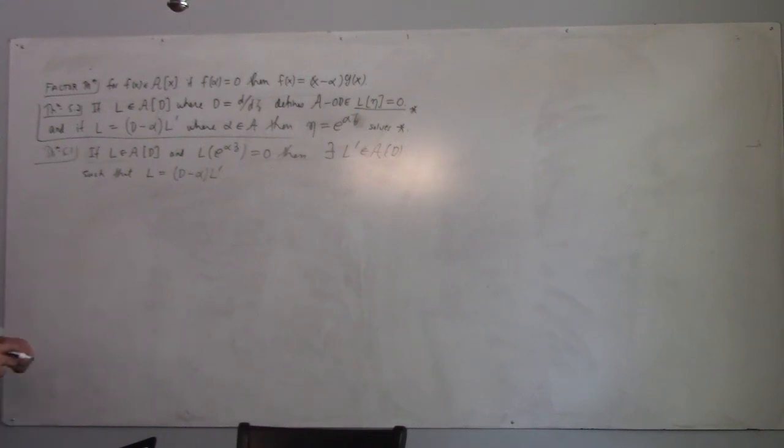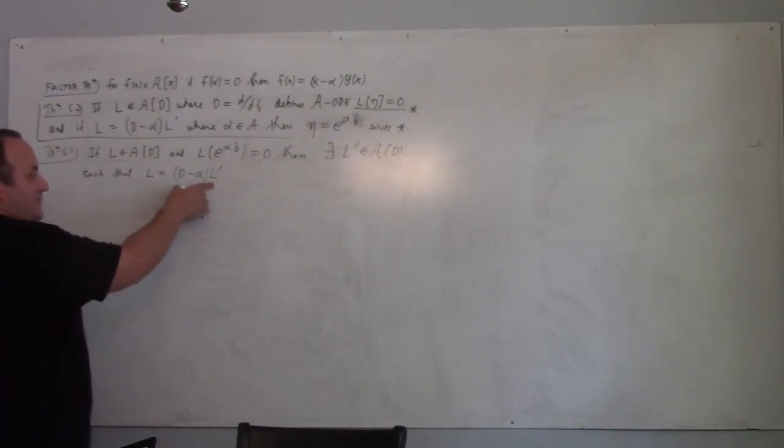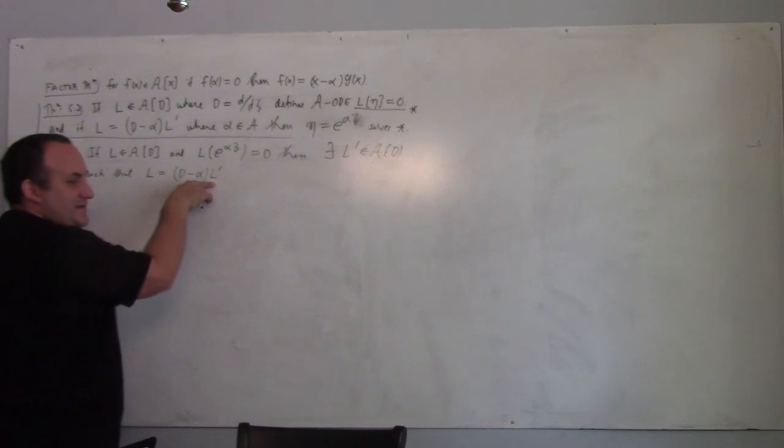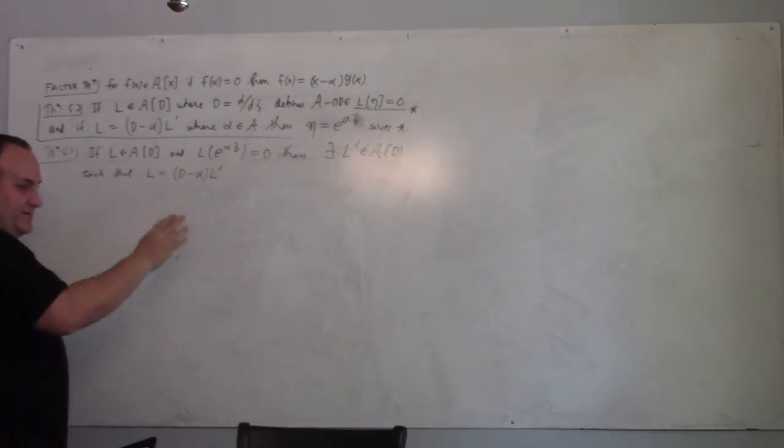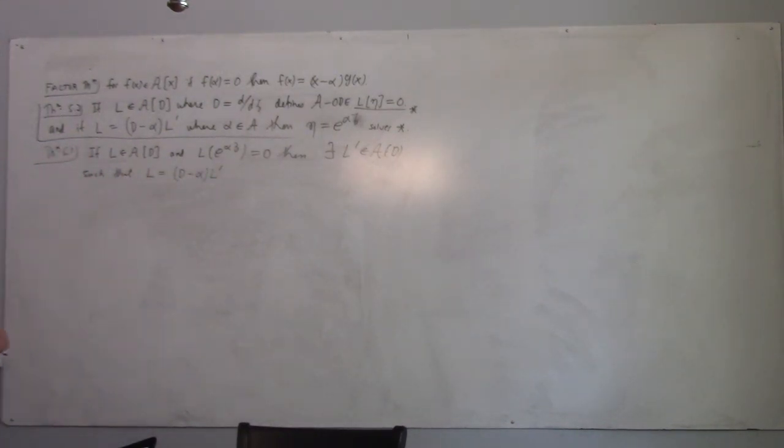I might have had some conditions. The thing is, to make this interesting, you would like the order of the operator L to be higher than 1. Of course, when the order of L is 1, that forces L prime to be just a multiplication operator by a constant, right?